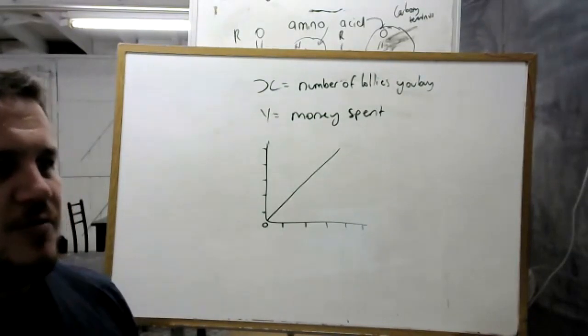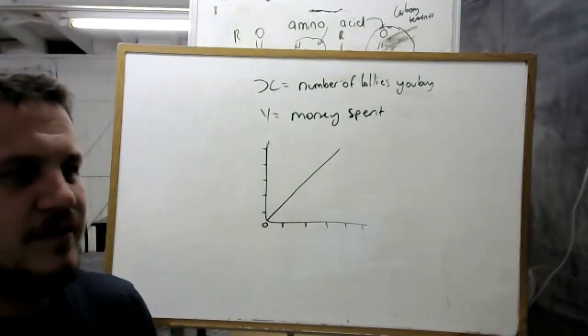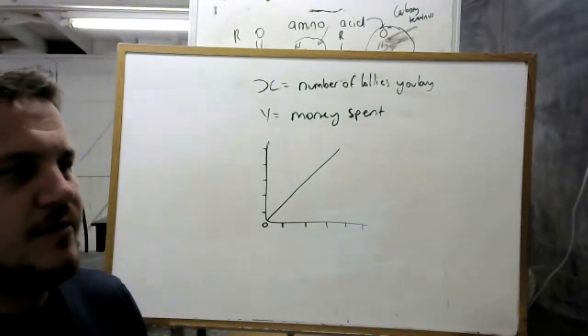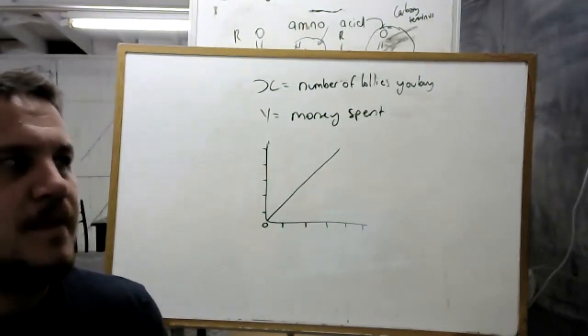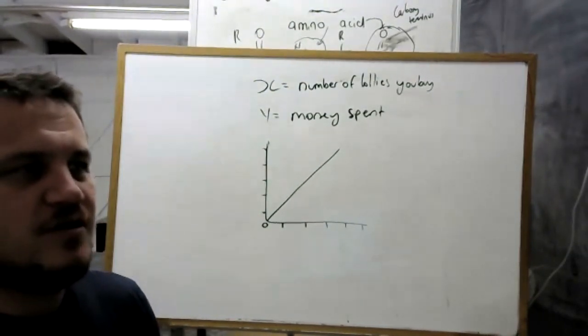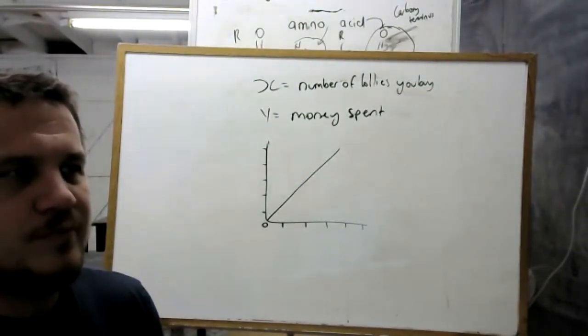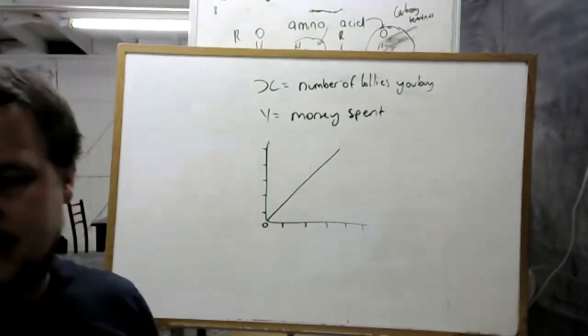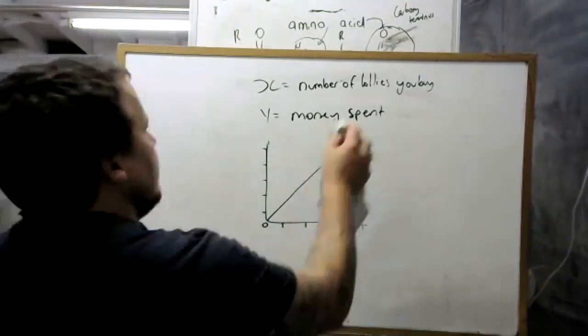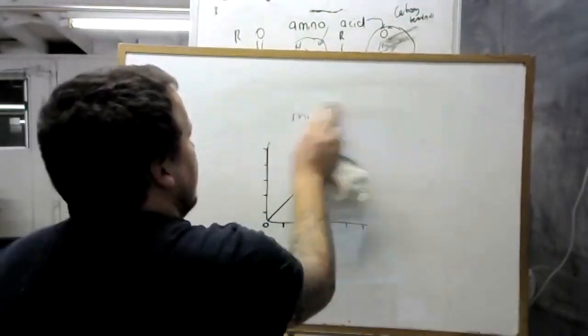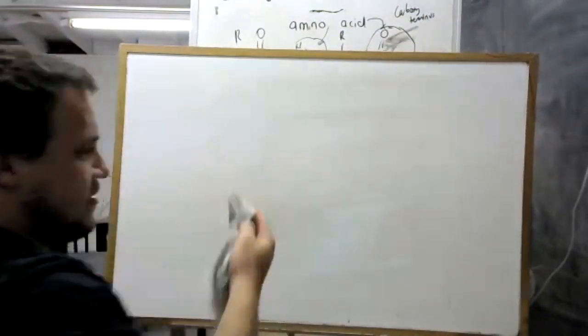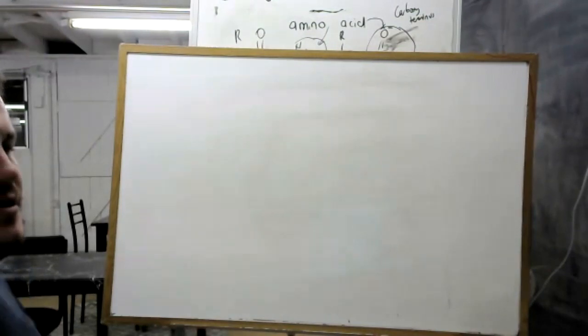I'm going to go back a little bit, and we're going to look at this constant of proportionality, and then we'll use it to solve a couple of these problems.